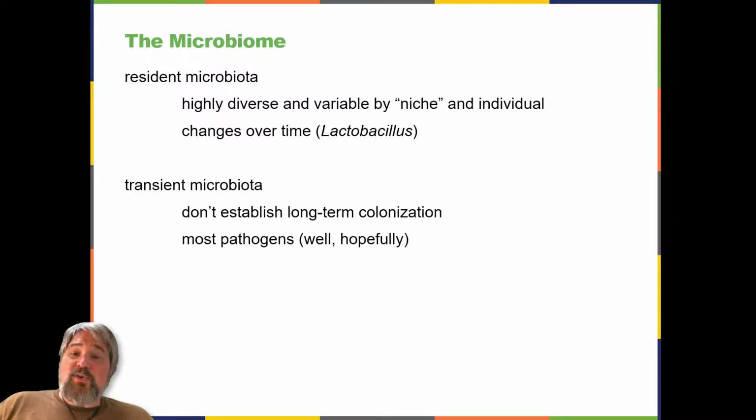By contrast, the crypts of the tongue and the spaces between teeth are two sites with limited oxygen exposure, so these sites have more diverse microbiota, including bacteria living in the absence of oxygen, like Bacteroides and Fusobacterium.